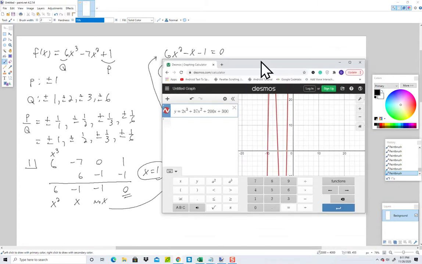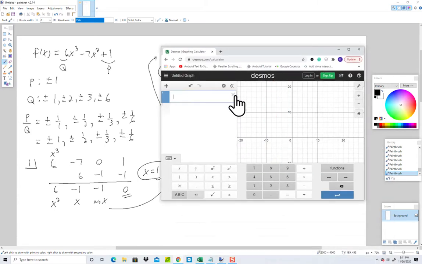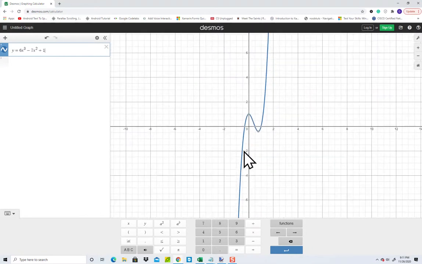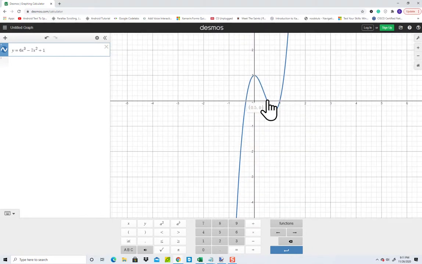Now, if I was doing this same problem with the aid of Desmos, my function here, y equals 6x to the third minus 7x squared plus 1. Well, if I zoom in, you see it puts points at my intercepts, which are also my zeros.